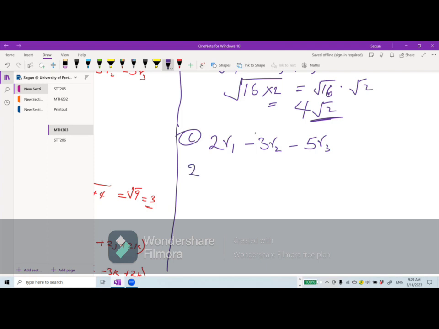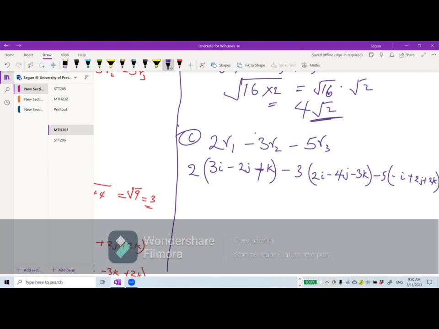We have 2 in brackets, our R1 is 3i minus 2j plus k, minus 3 in brackets, 2i minus 4j minus 3k, minus 5 in brackets, negative i plus 2j plus 2k.